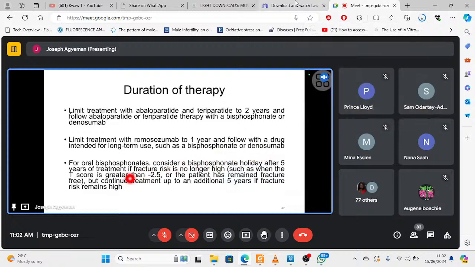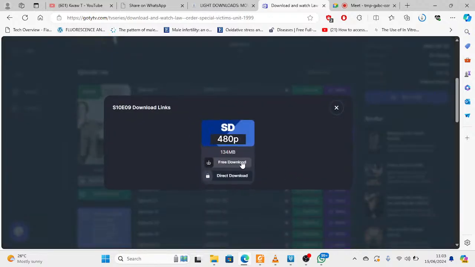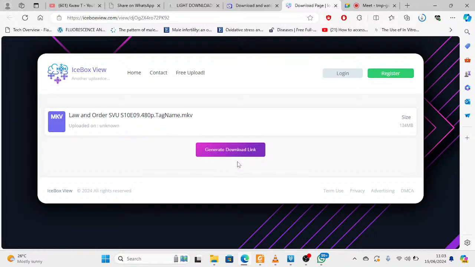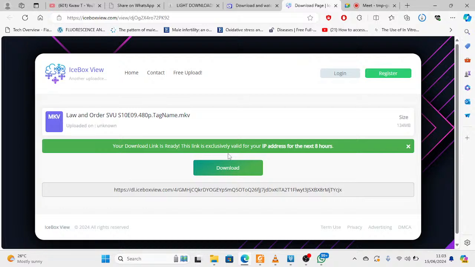Then for oral bisphosphonates, if you are on them, consider bisphosphonate holidays. Holidays means you are going on a break. After 5 years of treatment, if fracture risk is no longer high, as per the dual energy X-ray absorptiometry and the fracture risk assessment, and of course, evidenced by fracture-free episodes.